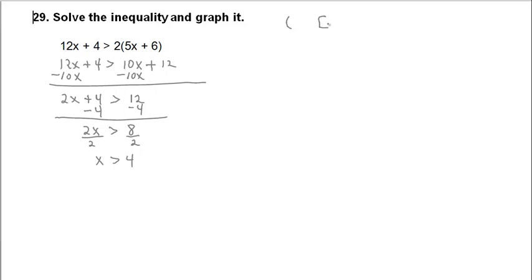What we're going to do is first draw our number line. And look at our inequality symbol. In this case, it's just greater than.